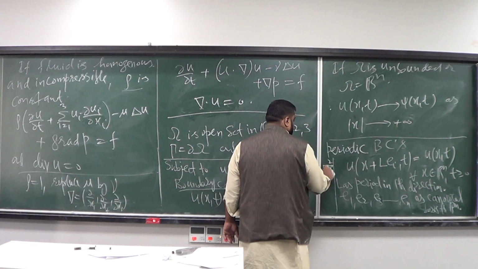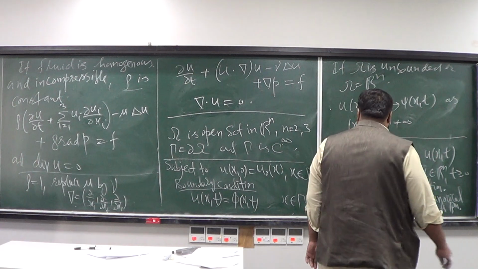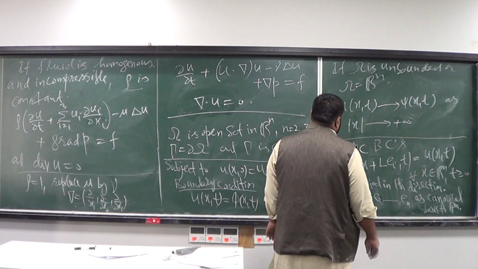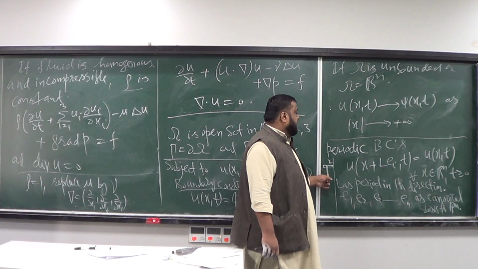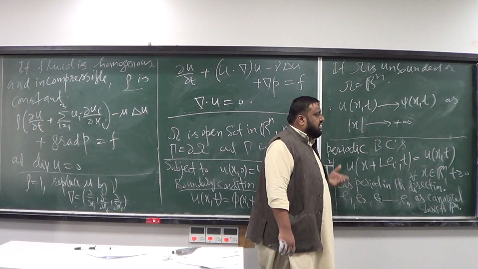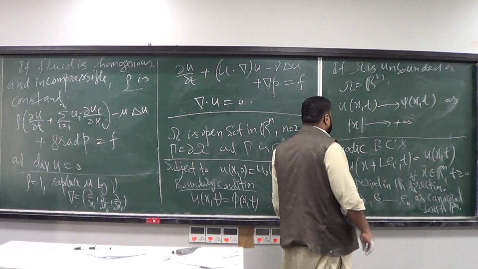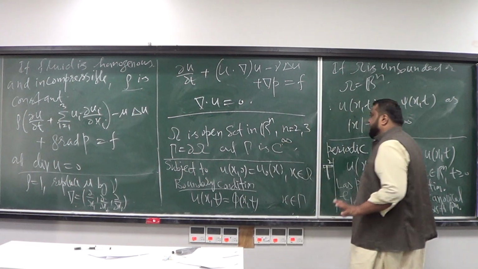I'll talk in a moment about it. So if your U is on a torus, then you will have this periodicity condition.